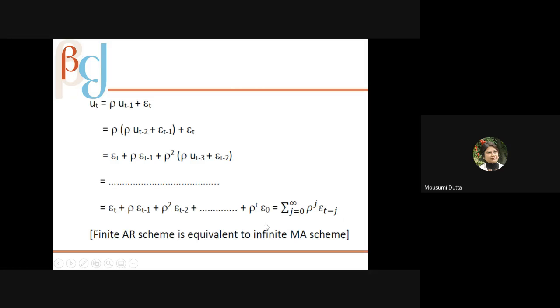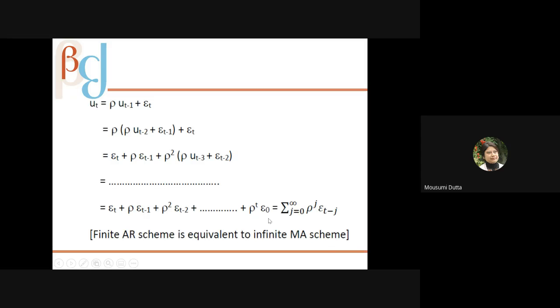This particular process, that is epsilon t plus rho epsilon t minus 1 plus rho square epsilon t minus 2 plus rho to the power t epsilon 0, is called the moving average process. So this is the infinite, j is equal to 0 to infinity, infinite moving average scheme. So the AR1 process is equivalent to MA infinity. So a finite AR scheme is equivalent to an infinite MA scheme.